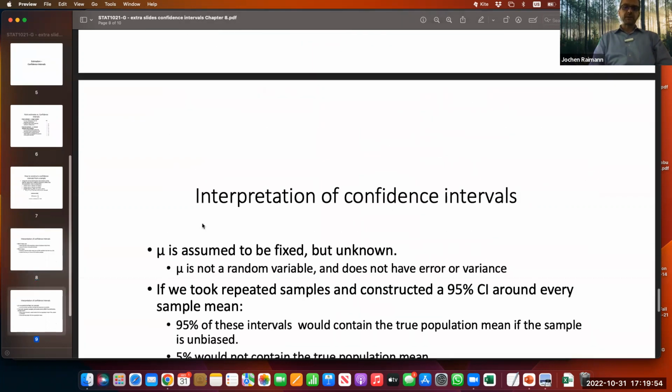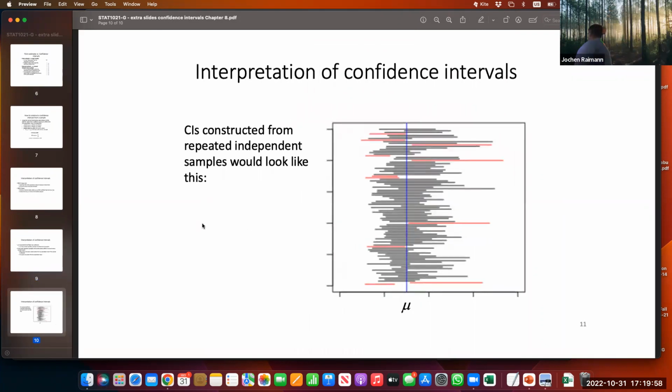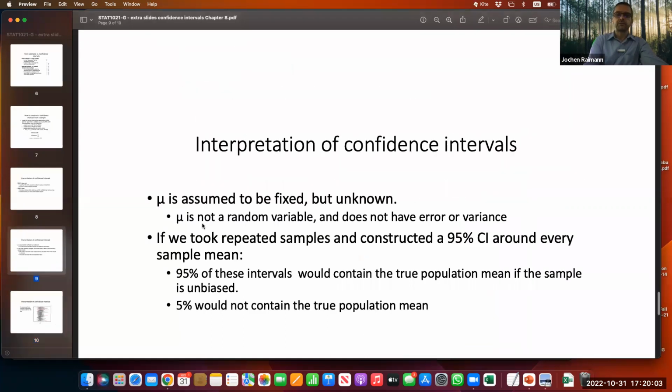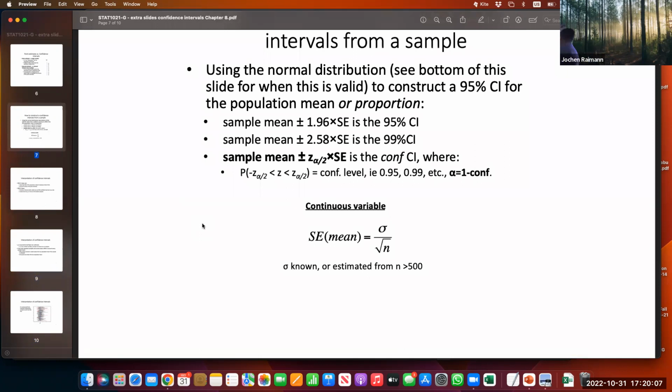So the interpretation of that is essentially, okay, we're calculating now. Let me show you that formula again. So I have a sample mean, and I add 1.96, which is 2.5% to the left tail, 2.5% to the right tail. I subtract and I add 1.96 multiplied by the standard error.